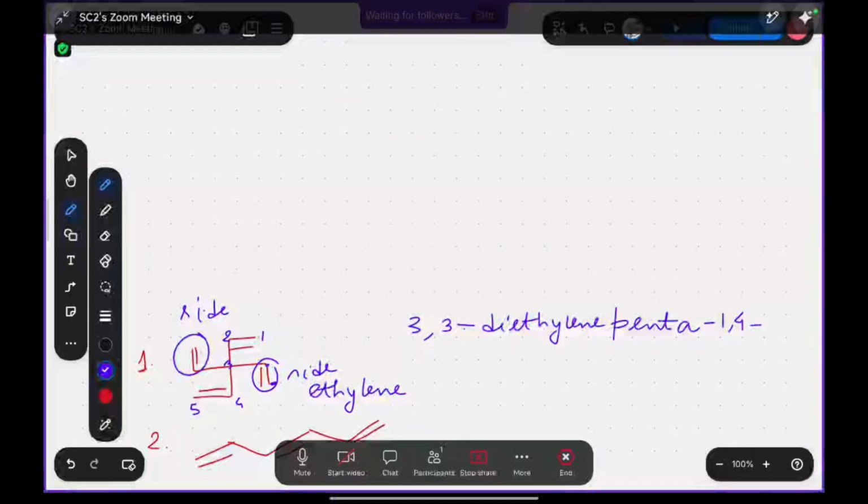Just swipe the video back and see that I said that if there is more than 1 double bond, we include the prefixes like di, tri, etc. We are having 2 double bonds in the same parent chain. That means we need to include the prefix di, then ene. So the IUPAC nomenclature comes to be 3,3 diethylene penta 1, 4 diene.